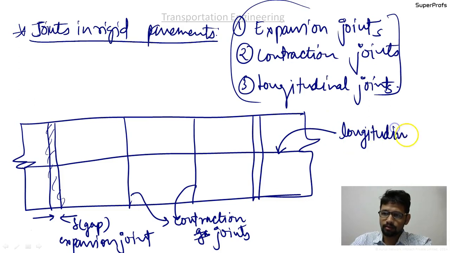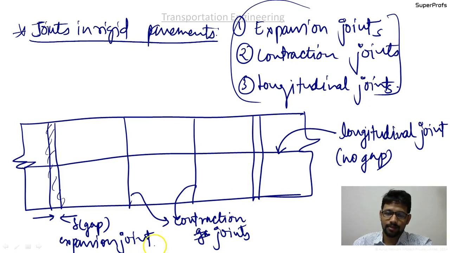Remember, friends, that there is no gap, unlike the expansion joint. We will discuss the details of each of the joints in this lecture. Don't worry, you should just know the locations of the joints in the rigid pavement so you can visualize things.